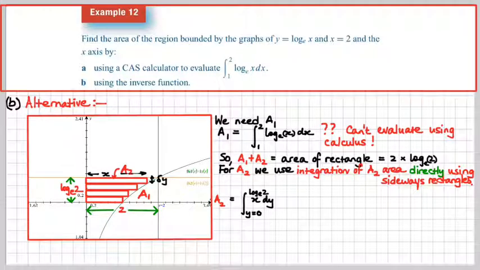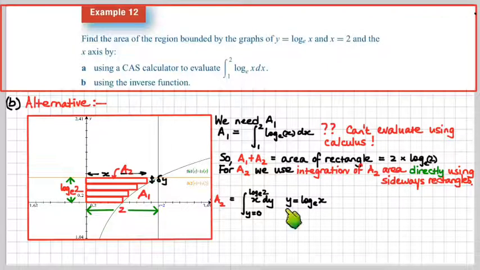We're integrating from y is 0, which is here, to y is log 2, which is up there. So that's the y span over which we are integrating. Now, all we've got to do, guys, is get this x as a function of y, and everything's beautiful.